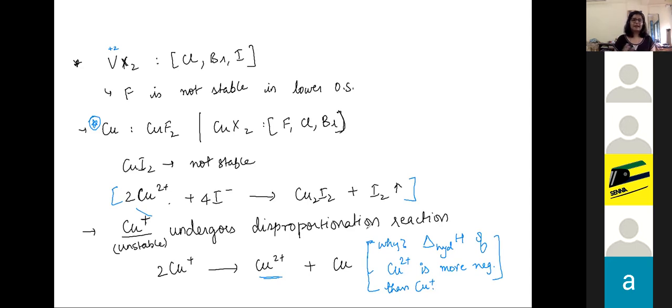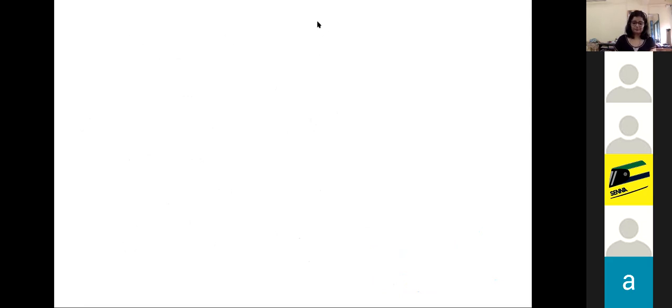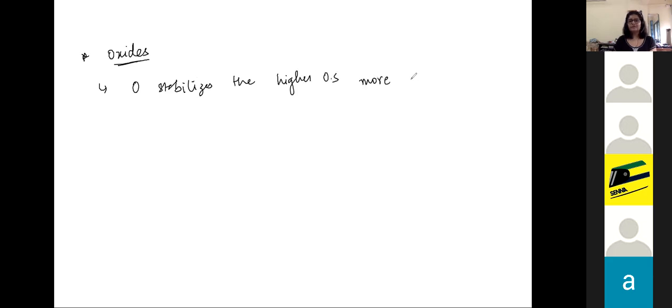So this is the story of d block elements when they form halides in their higher oxidation states. Now considering the other set of compounds they form with higher oxidation states, the different oxides. In a particular higher oxidation state of any particular metal, oxygen stabilizes the higher oxidation state more than fluorine.